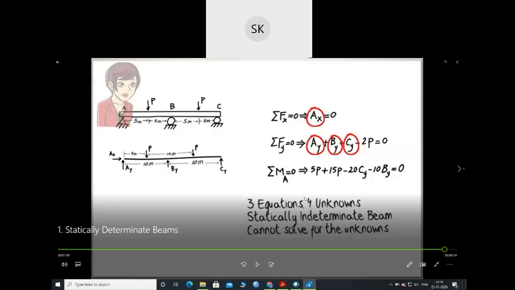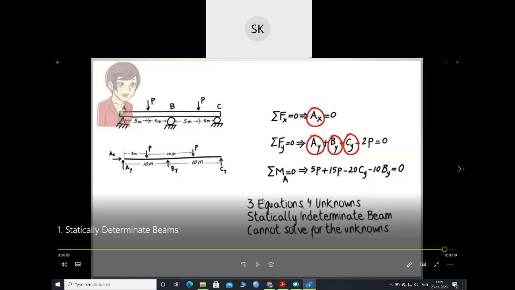So see, here we have only three equations, and four unknowns, right? So this will be a statically indeterminate beam because you cannot solve for the unknowns. When there are more unknowns in comparison to the equations, you cannot determine those reactions, and it is called a statically indeterminate beam.